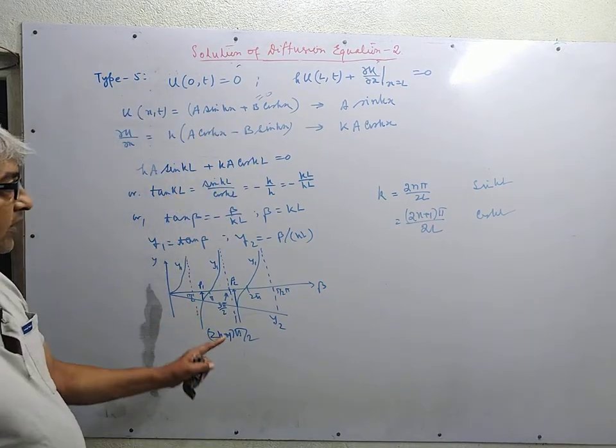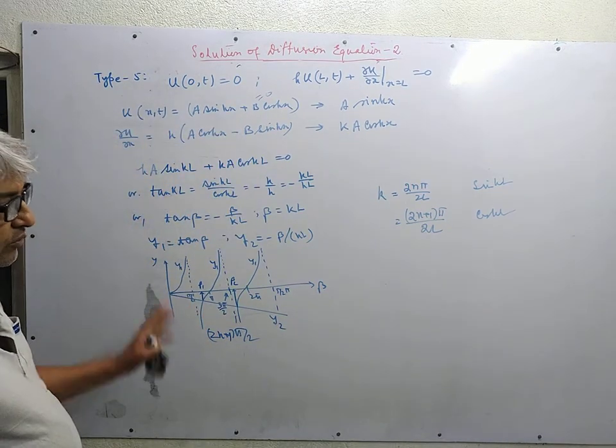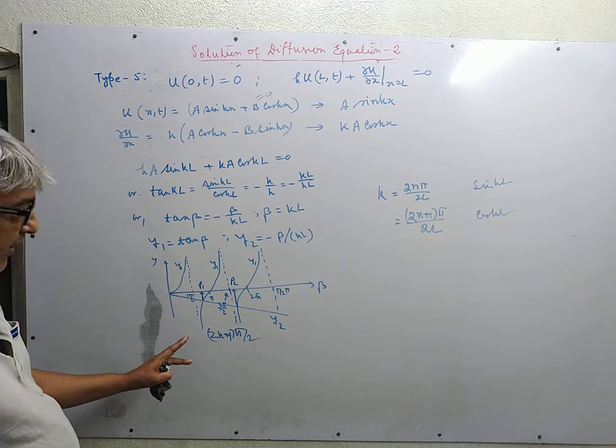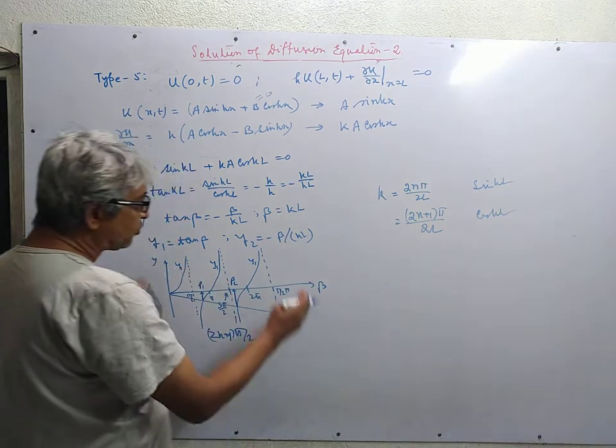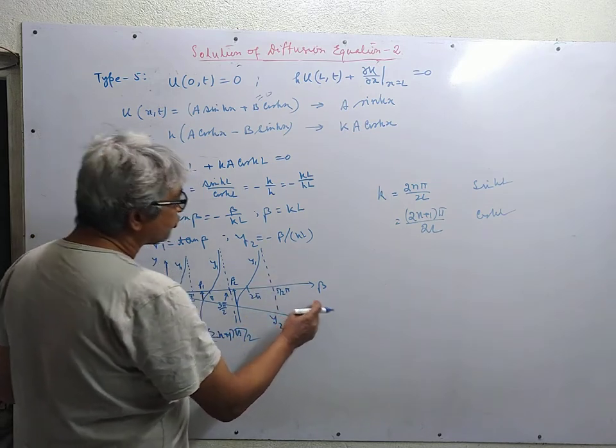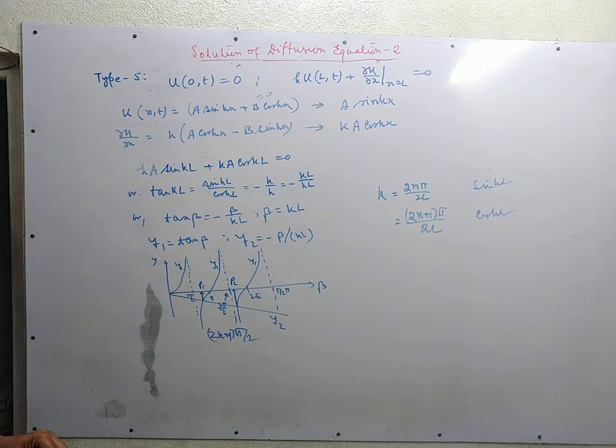Here we get similar discrete values of k, but they are not as simple as this; we have to extract them through numerical solutions. One way of solving is the graphical method we have shown. Otherwise, one can use numerical techniques, that is the bisection method or Newton-Raphson method, for the solution of this equation.